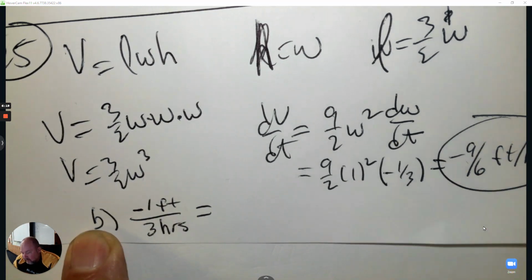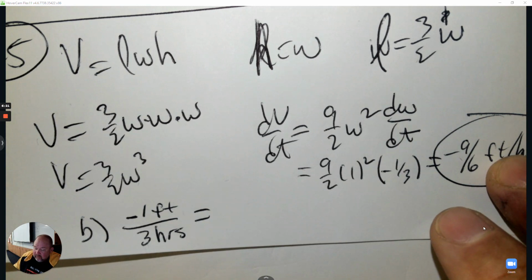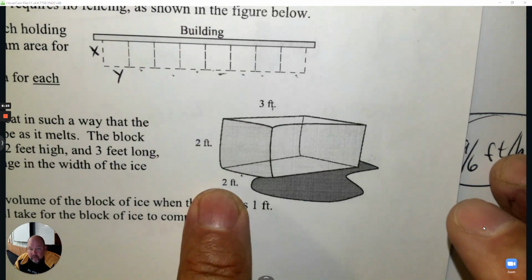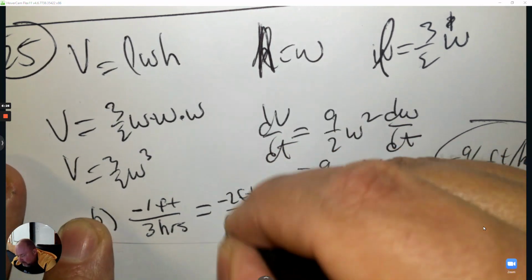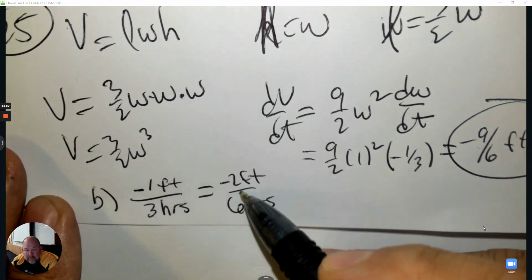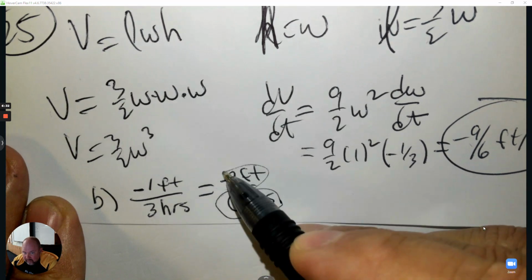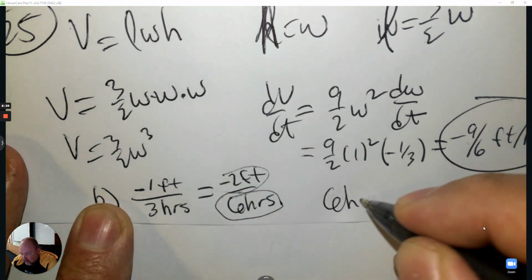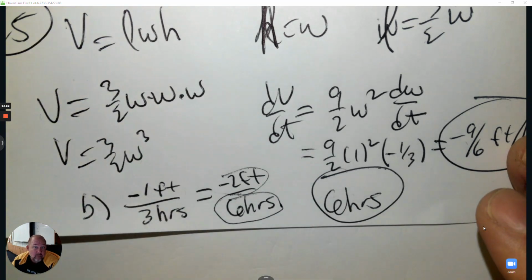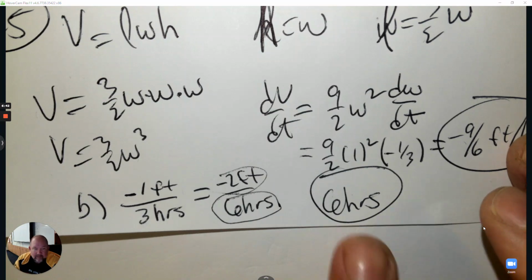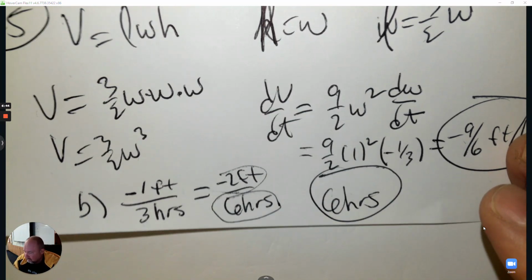That's at negative 1/3. So how many feet of ice did we start with for the width? 2. So if we multiply top and bottom times 2, how many hours would it take to lose 2 feet of ice for the width? So the answer is it'll melt completely in 6 hours, because once you have no width, you don't have a block of ice, and so it takes 6 hours for the whole ice to melt.